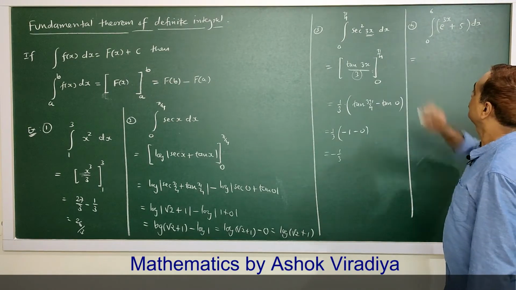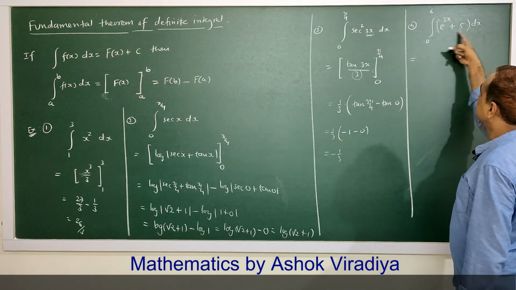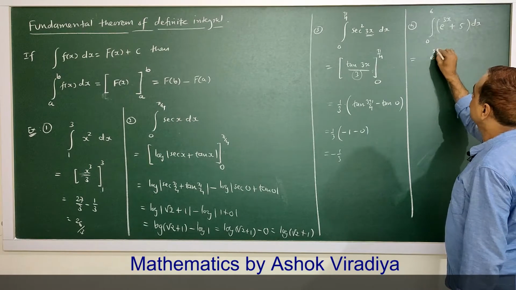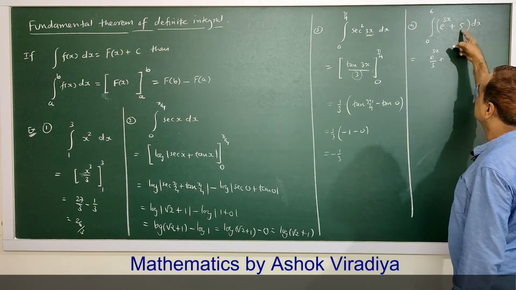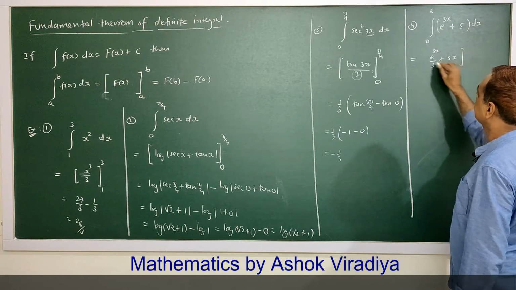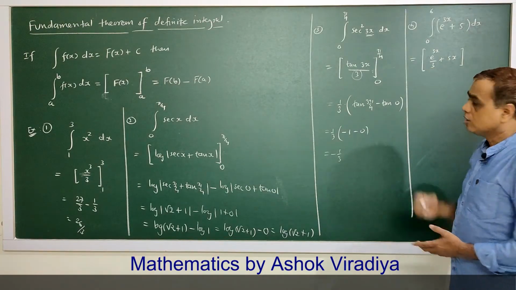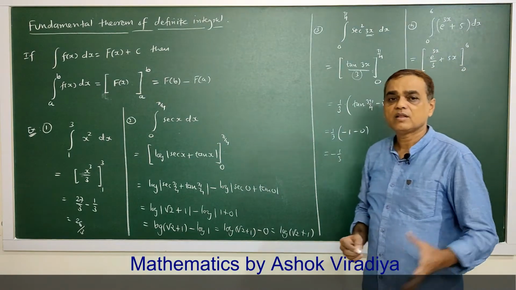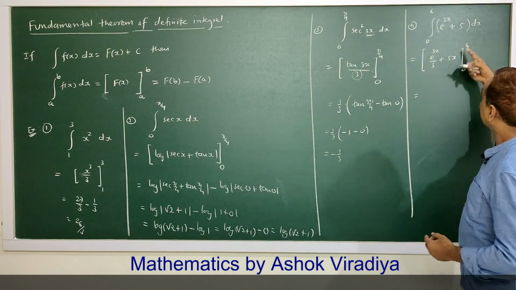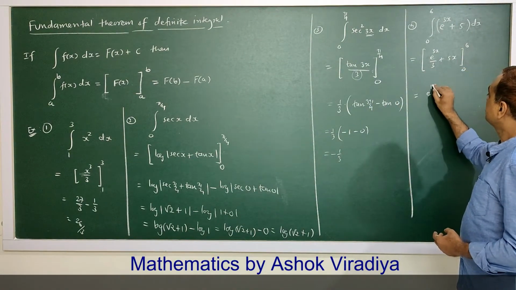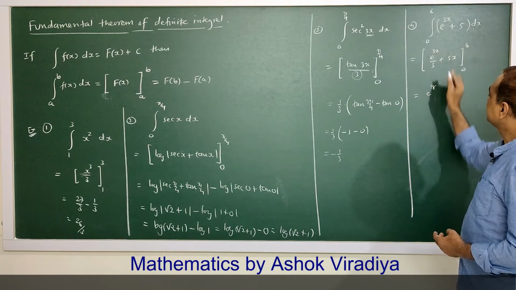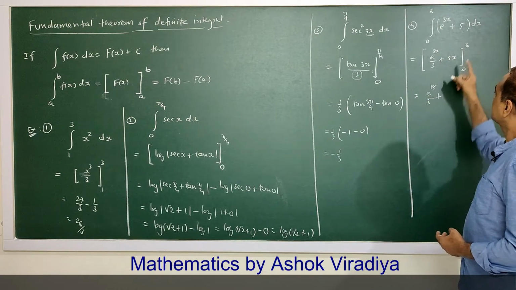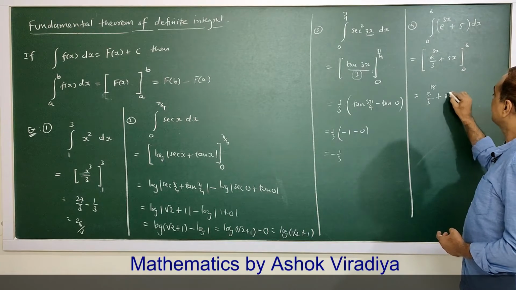Now its integral is e raised to 3x upon 3 plus the integral of 5, which is 5x. Lower limit 0, upper limit 6. Now putting values, putting the upper limit: e raised to 18, 6 into 3 is 18, by 3, plus 5 into 6, 30.